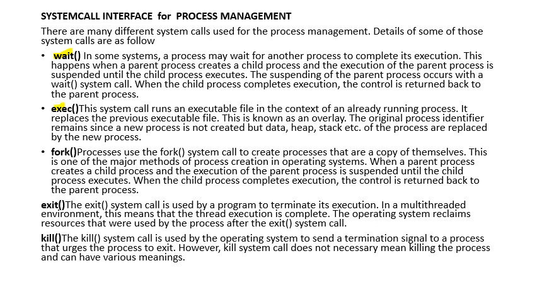Next is exec. As you all know, this is the system call which runs an executable file. When the process is executing, this system call will be generated, and it is also known as the overlay.